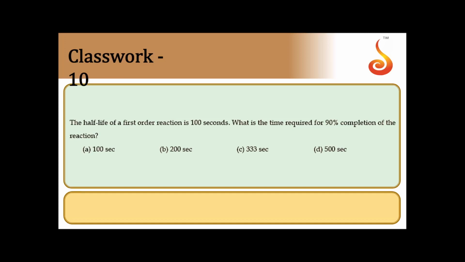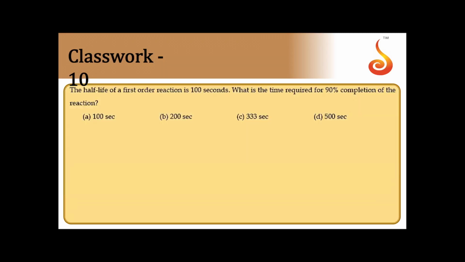The half-life of a first order reaction is 100 seconds. What is the time required for 90% completion of the reaction? K is equal to, they gave us the half-life here, so 0.693 by half-life, which is equal to 100.